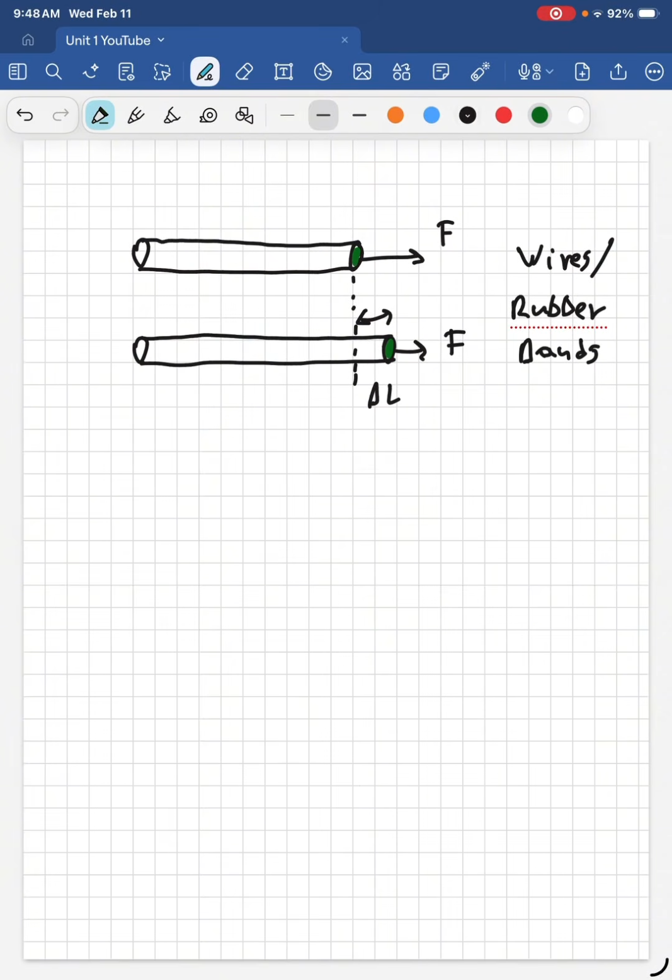And another thing that can happen to two-dimensional materials, but also in springs, is that you can compress them. So maybe you have, I don't know, a concrete beam or something like that. So let's try to make it look like a box.